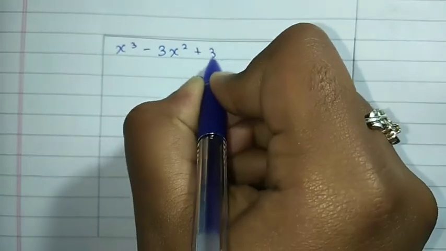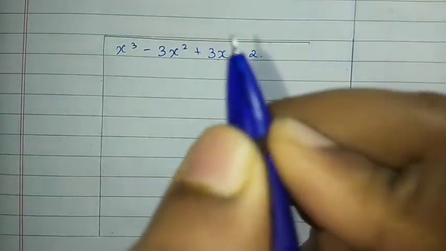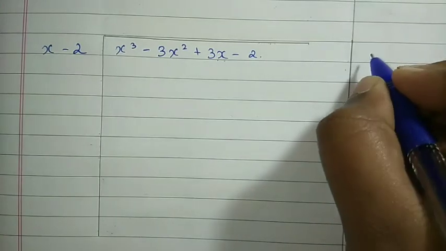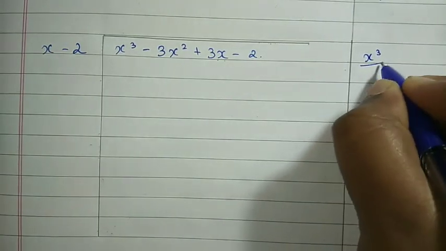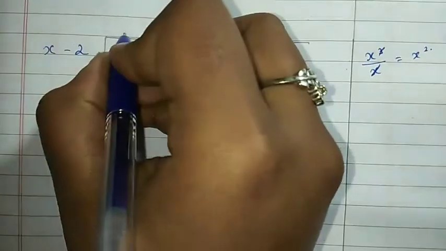So now we will write p of x minus r of x here, and here we will write q of x. So here x cube minus 3x square plus 3x minus 2. This was my p of x minus r of x. What was my q of x? x minus 2. So now I will start dividing. So x cube by x, I will have x square.